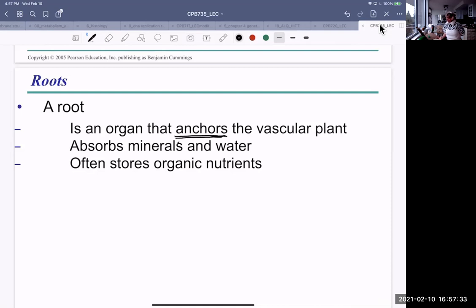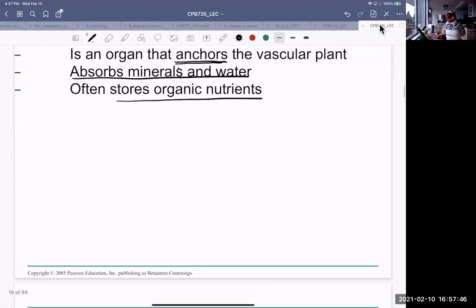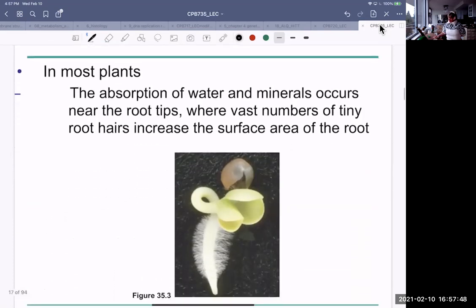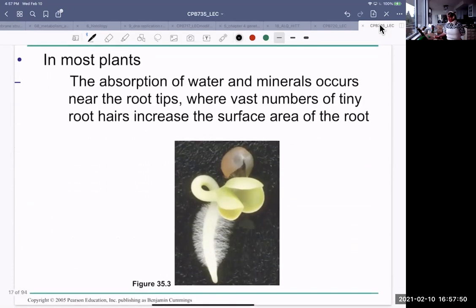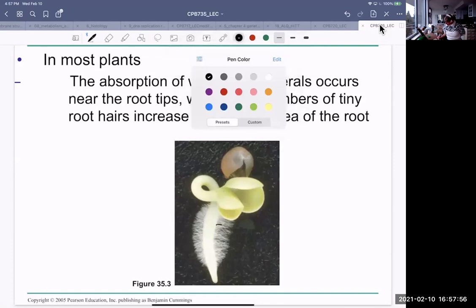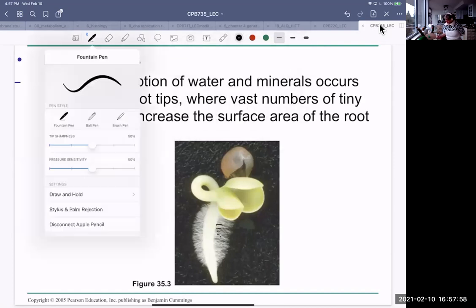It anchors, it absorbs minerals and water, and stores organic nutrients. So those are the three main functions of roots. And there's a lot of variety. The absorption of water and minerals occurs near the root tips. There's vast numbers of hairs there. These are all root hairs.